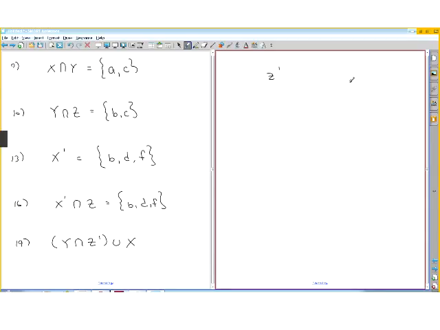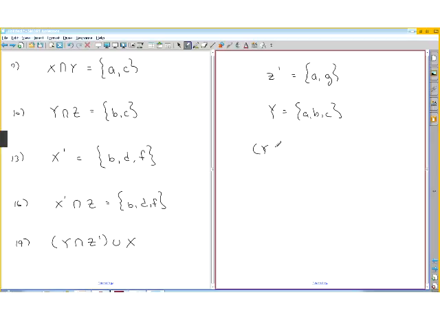Z was B, C, D, E, and F, and therefore Z prime is A and G. It's the ones that are in the universal set but not in Z. And we already know Y was equal to A, B, C.